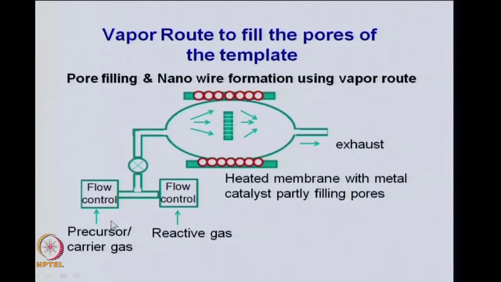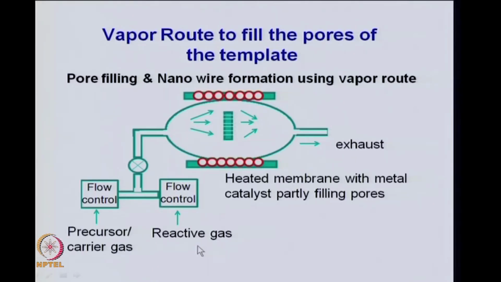Suppose my carrier gas can be, say, nitrogen gas or argon gas or helium gas. These are normally gases which are unreactive. So, they do not participate in the reaction, but they make the flow of the other gas easier.